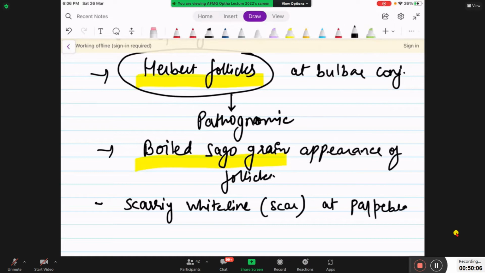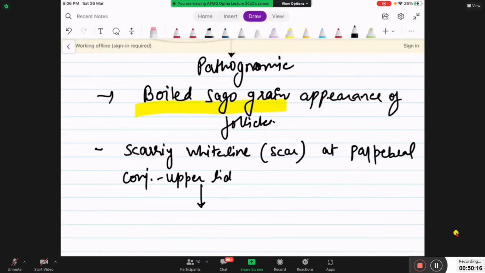Palpebral conjunctiva of upper lid gives you a line which is called Arlt's line. Very important question. Arlt's line is seen in trachoma. We have studied Arlt's triangle also. Where have we studied Arlt's triangle?